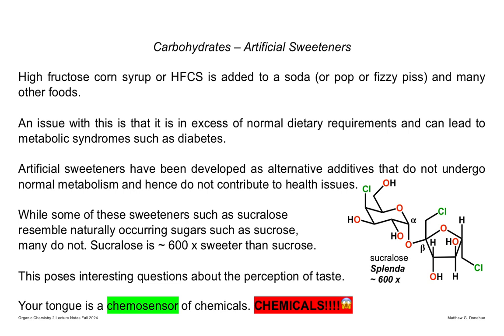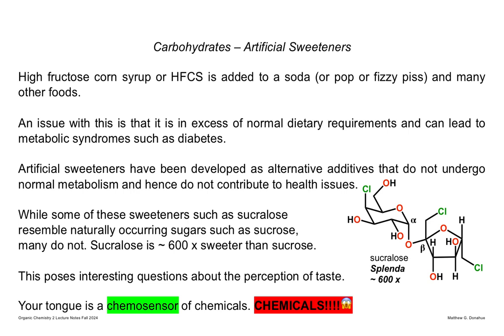So again, having too much sugar in your diet is a bad thing. So what have people, corporations done? Develop artificial sweeteners that are non-caloric, meaning it's a chemical that will give you the perception of sweetness, but it's not metabolized in the same way that sugar is. So as I said, this corn syrup is added to a lot of things to increase sweetness, and sweetness is sort of addictive, right?